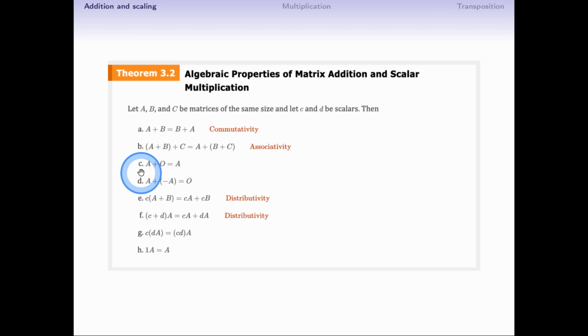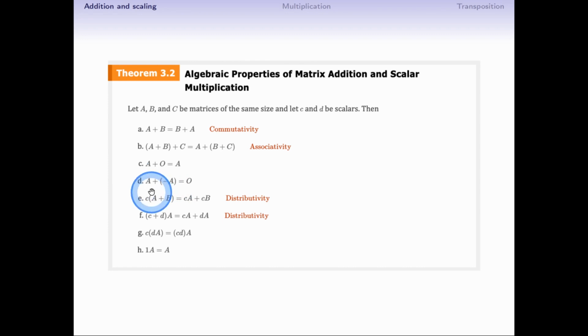Law C is talking about the existence of, well, we know of the existence of the zero matrix, but this is highlighting the property of the zero matrix. When I take a matrix and add the zero matrix to it, it leaves it unchanged. Property D talks about the existence of what you might call an additive inverse.